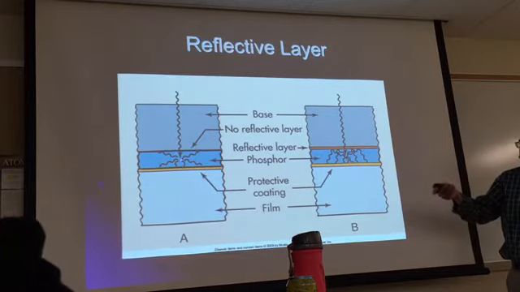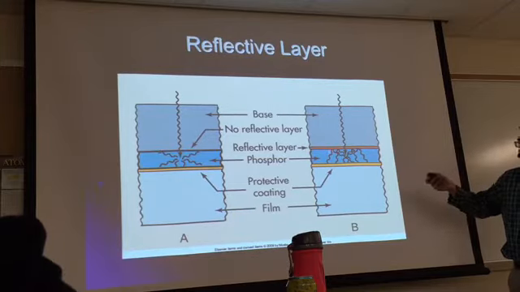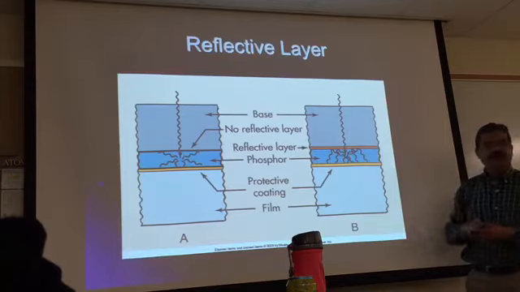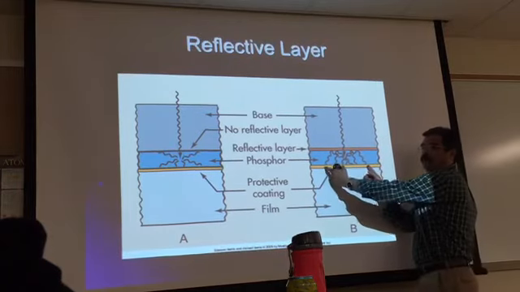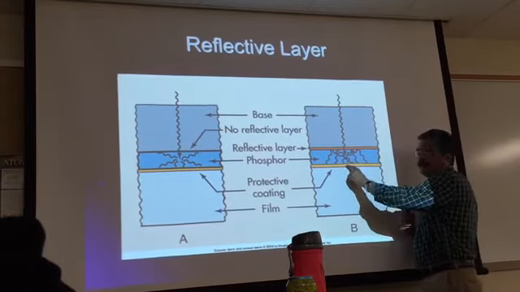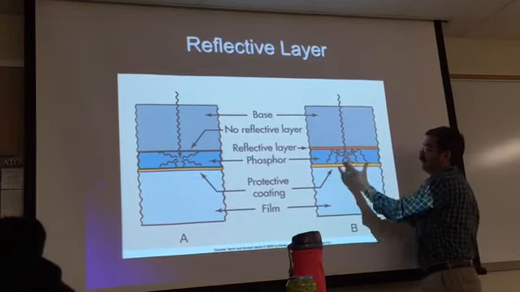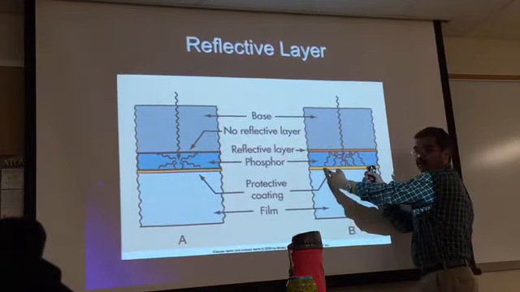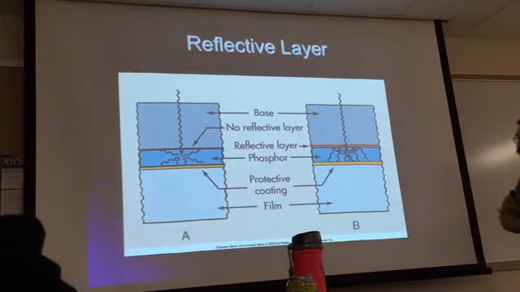The light is emitted isotropically, so it's going everywhere. Some of the light hits the film, hitting the film, hitting the film, but some of the light is going back up, and so you have this reflective layer to send it back down. But now, take a look. This is a wider space, where what one X-ray photon had done, now you have it in all this wide area here.